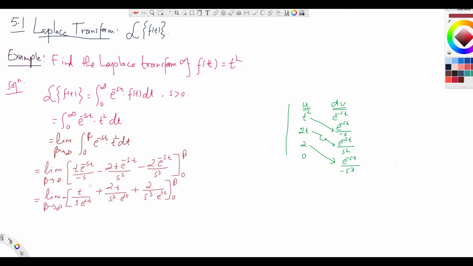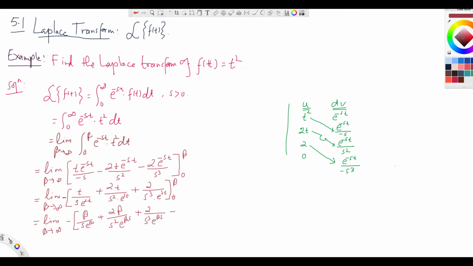What we do next is plug in beta and then 0. I keep the limit as beta tends to infinity with the minus sign outside. I plug in beta for all the t's: beta over s e to the beta s, plus 2 beta over s squared e to the beta s, plus 2 over s cubed e to the beta s.